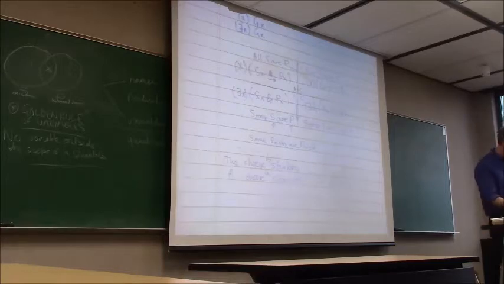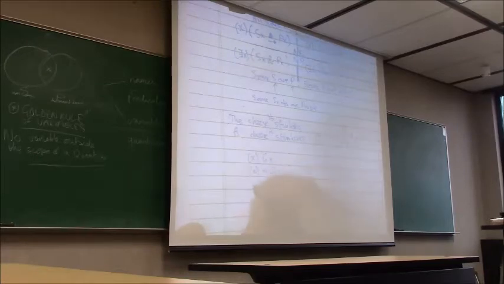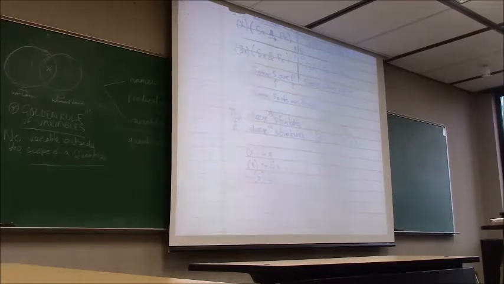What's the difference between these two things? Suppose G is green. So this says everything is green. Then suppose I say this, and also suppose I say this. Are they saying the same thing? No, they're saying two different things.